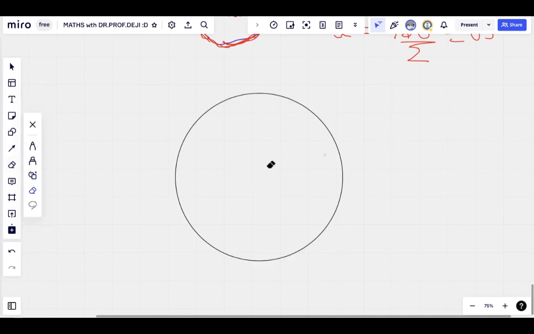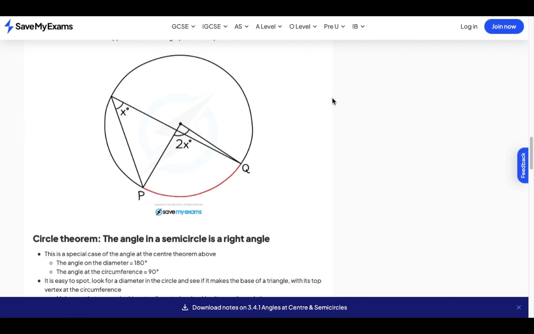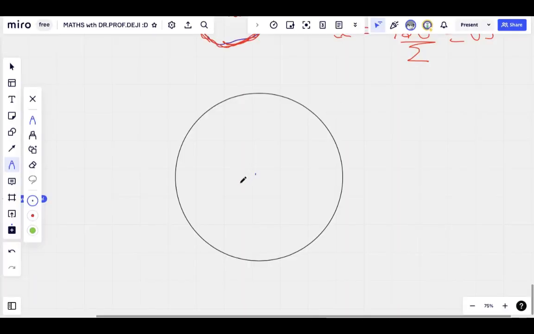Okay, now this is a good one. Look at it, almost a perfect circle, right? This is the radius. Let's assume this is the radius. Okay, now let's see. We draw one of the radii.